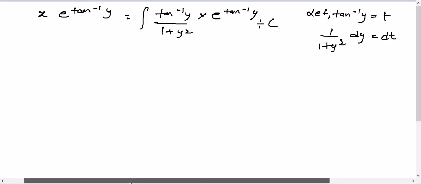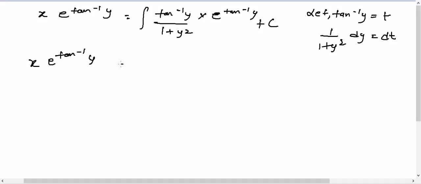So continuing, this is x tan inverse y, and tan inverse y is t, right? We are changing, guys. On the left side also you can change if you want. And dy by 1 plus y square is dt, right?